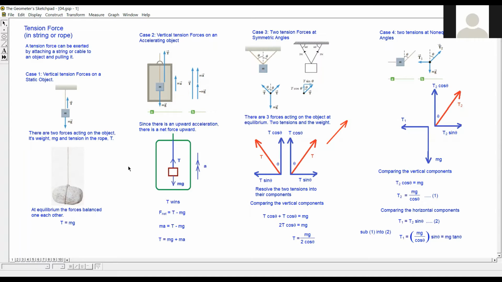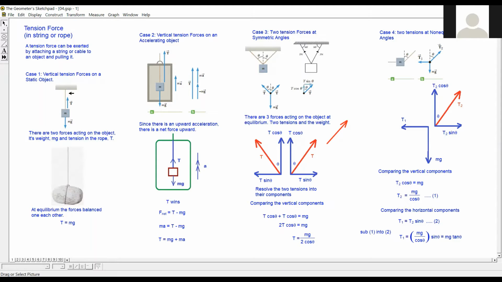So whether there's tension or not, you see whether the rope is taut or in the slackened state. Then you know whether there's tension or not. Okay, so we look at a few cases of tension in a string or a rope.